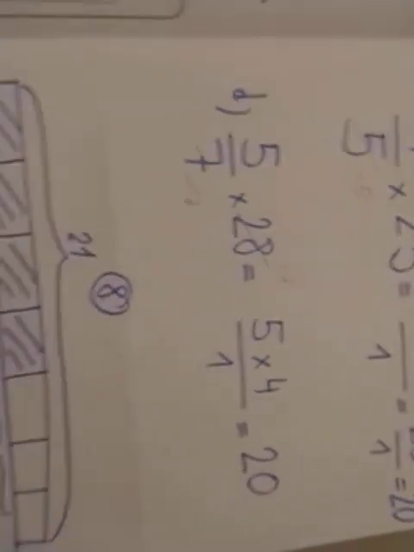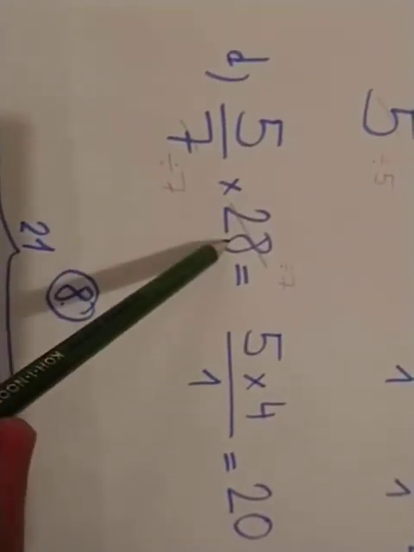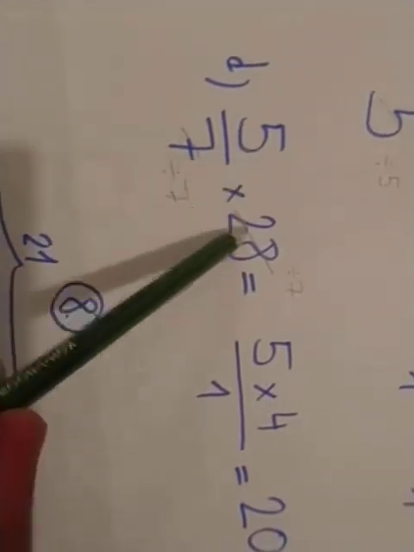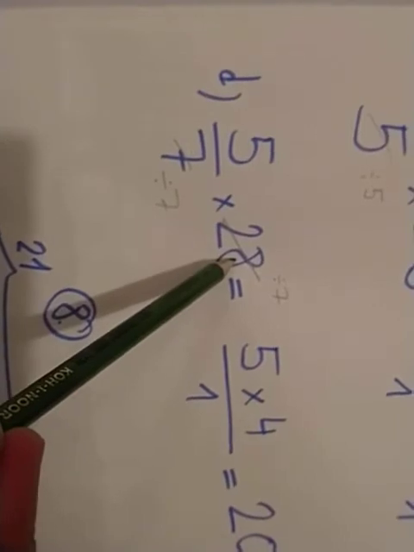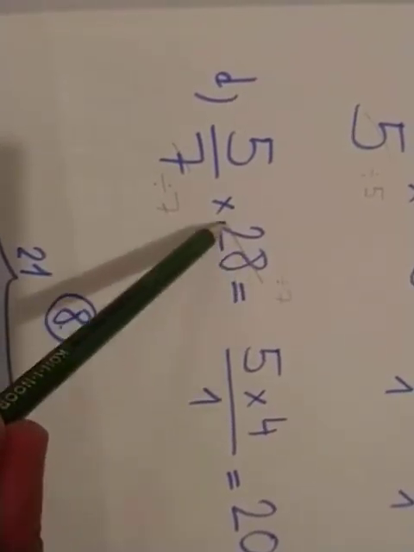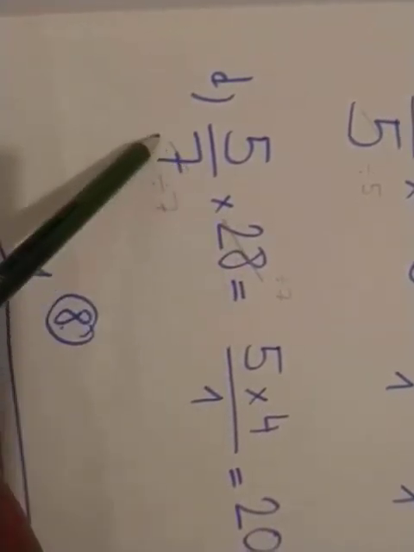Okay. The next one, 5/7 of 28 I write as multiplication. I can do 5 times 28, but it's a very high number and it's not easy to multiply. So I can help myself. I want to make a lower number, yes? I can simplify 28 and 7.